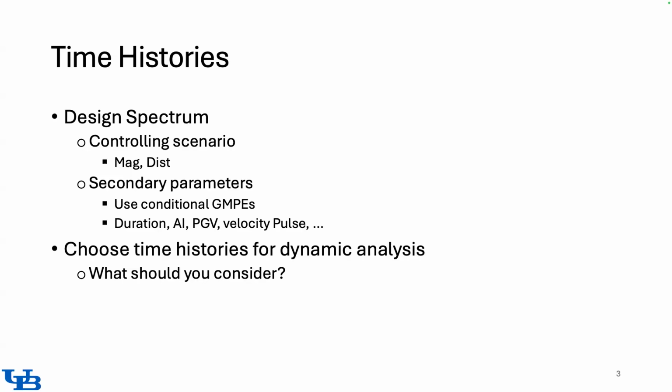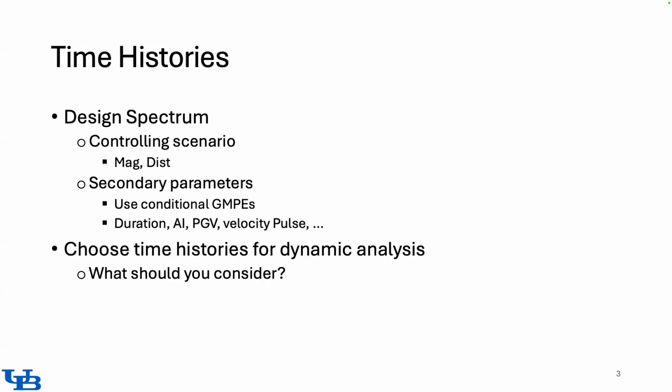And also we saw how we can use either a uniform hazard spectrum or something like a conditional mean spectrum. So assume that we already have that. And we also saw last time how we can do the aggregation. So we can get the parameters that describe this scenario, so the magnitude and the distance that is most closely associated with this scenario.